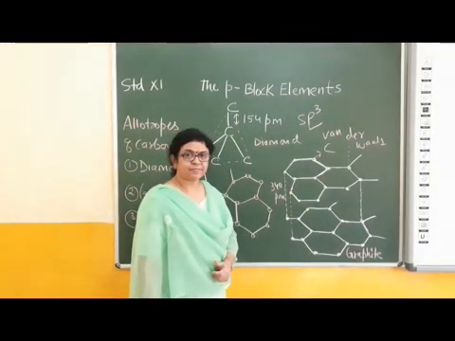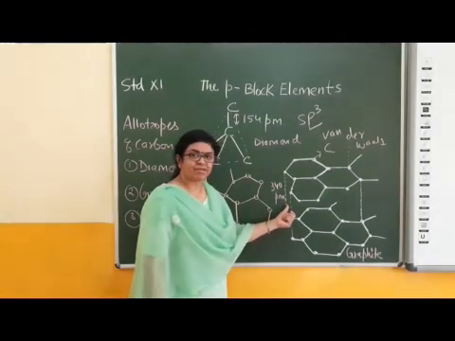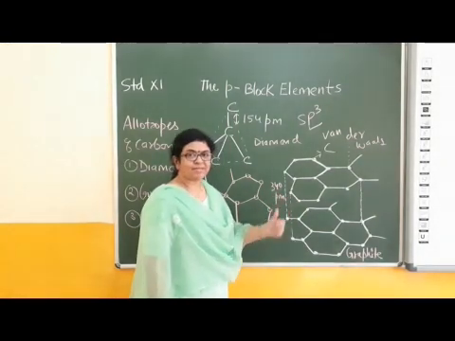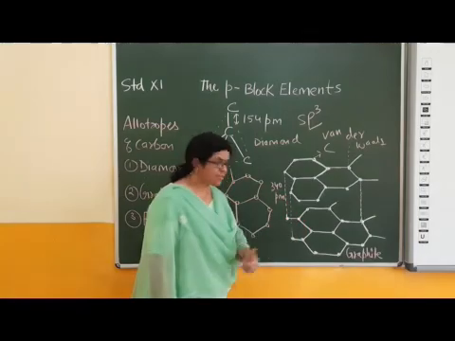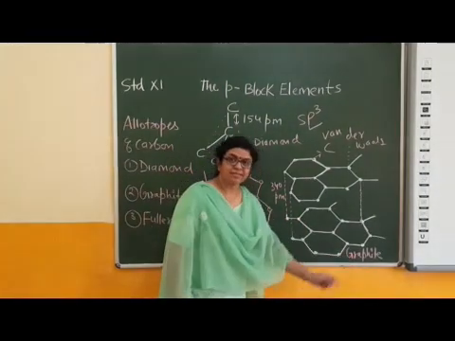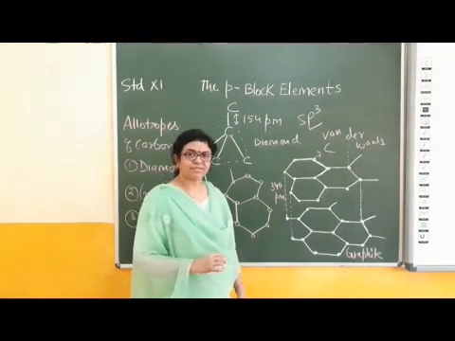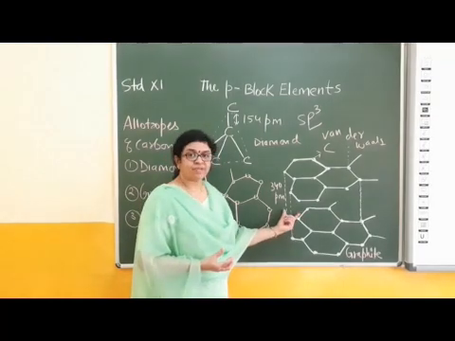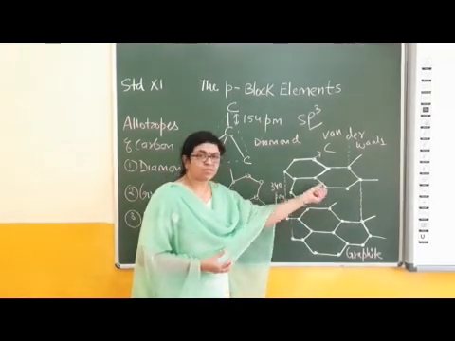Here free valence and free electrons are available. Graphite is a good conductor of heat and electricity due to free electrons. Conductivity is shown by free electrons, not by bonded electrons.